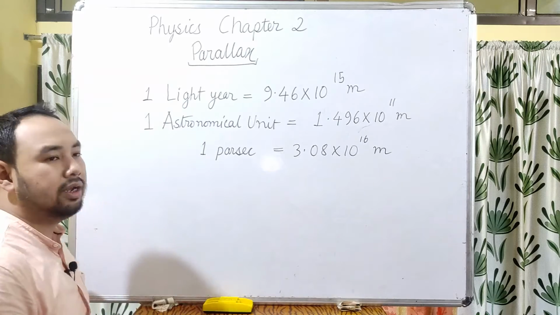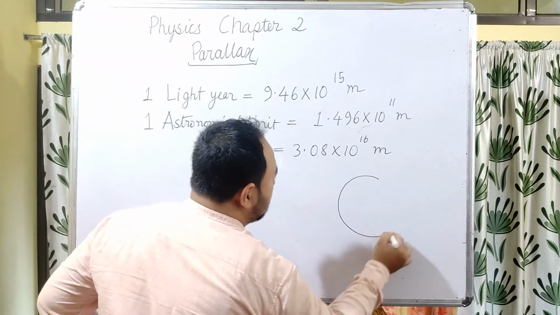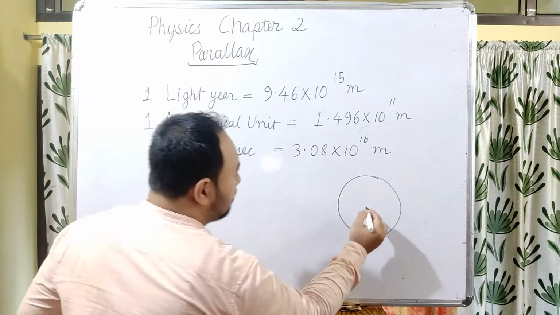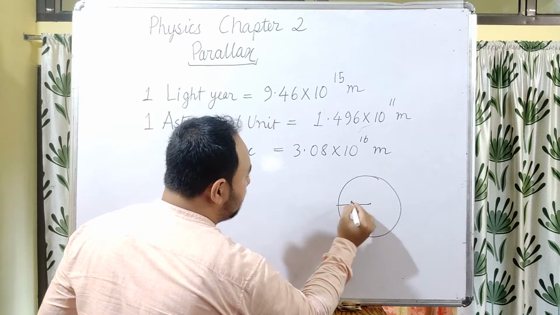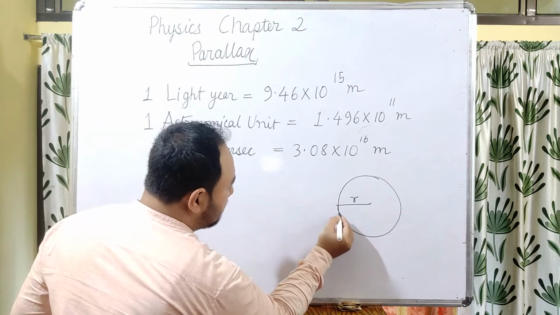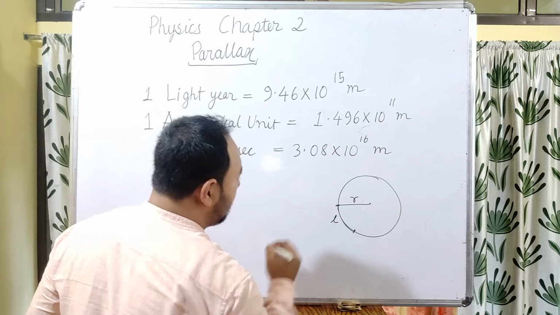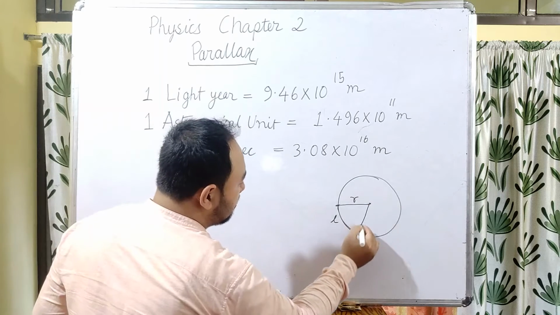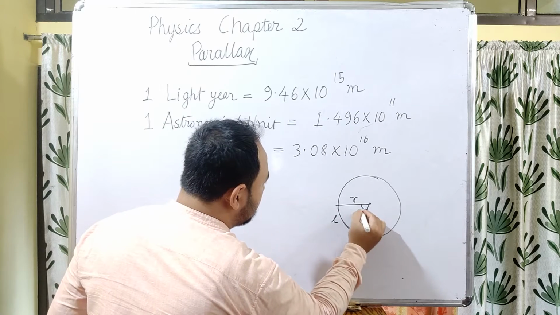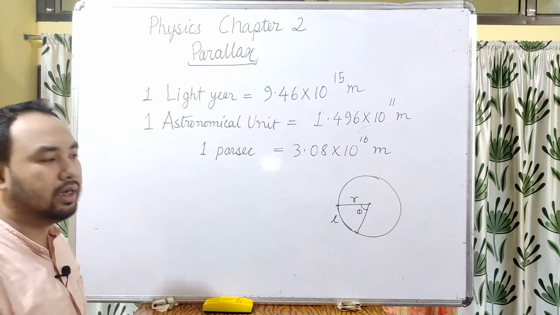So before understanding parsec, we have to recollect a basic idea about circle. If this is a circle with radius r, and we consider an arc of length L, and the angle is theta, what is the value of theta here?